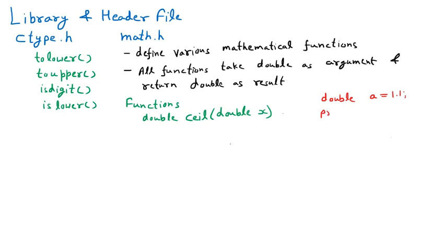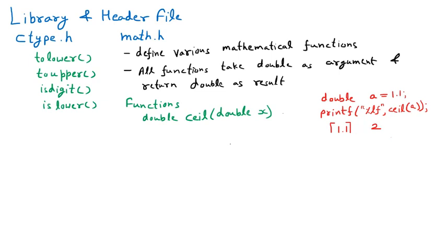If I say printf, we know that for a double we use %lf, large float, then comma ceil of a. So we are going to find the ceiling of a. Ceiling means the upper value. The upper value of 1.1 is 2.